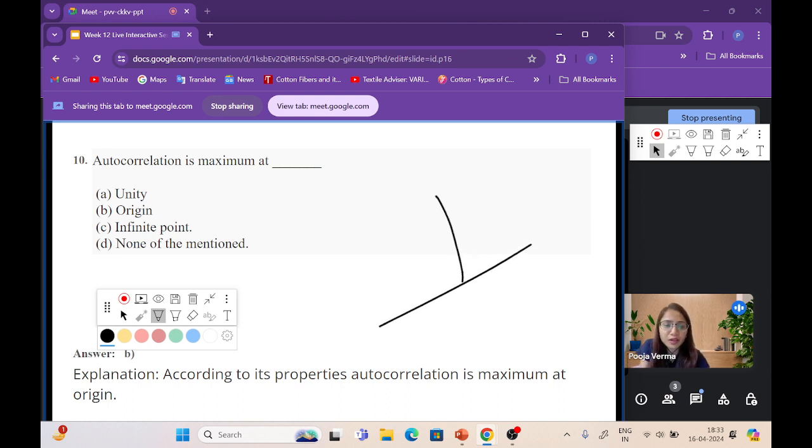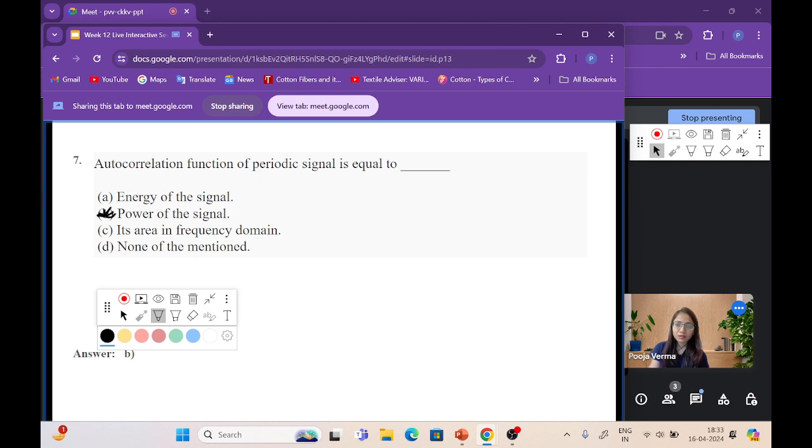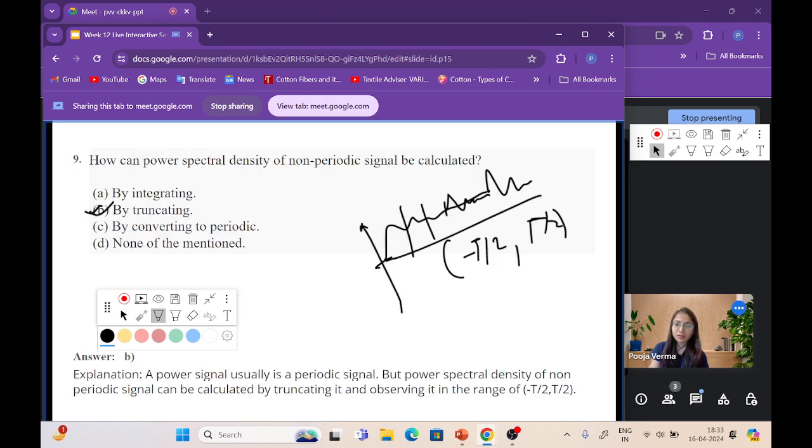For any function, you can see that it is maximum at the origin. The correct option is option B. Autocorrelation is maximum at the origin only. Okay, moving to the next question. These are mostly theoretical questions, but they are important because we need to concentrate on the basic things.